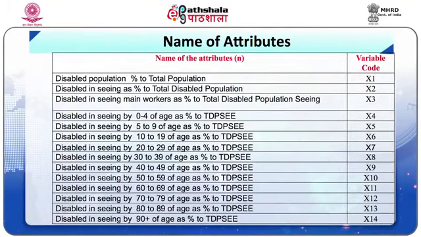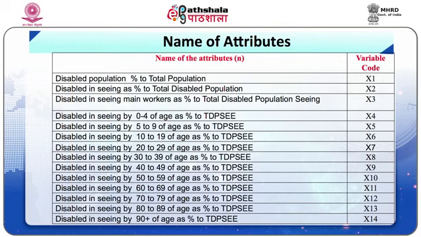Table 1 gives you the variables chosen for the study, that is the disabled population data for 2001. In the given table 1, you can see the 14 variables that have been chosen. These variables are coded as x1, x2, x3 up till x14.